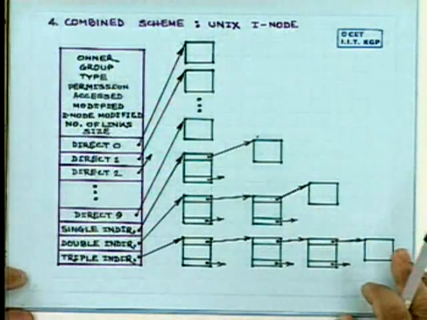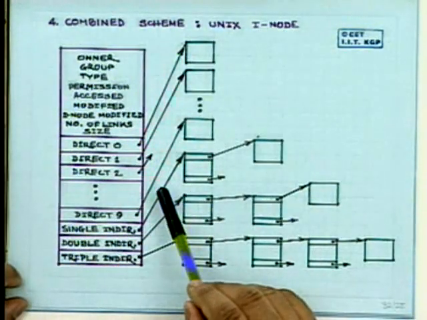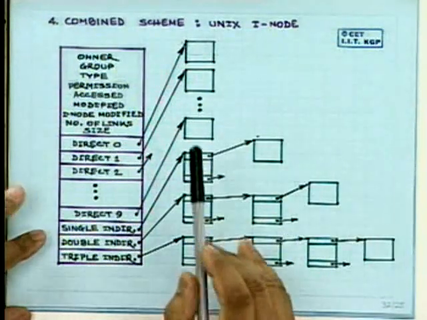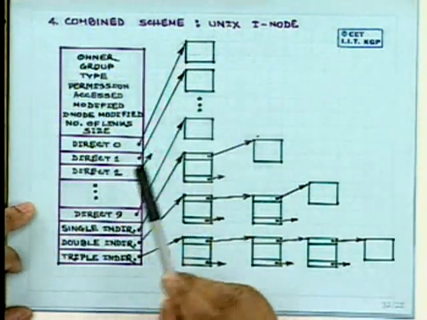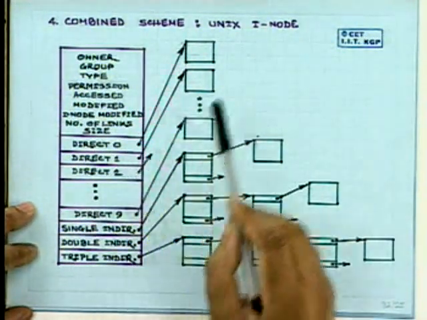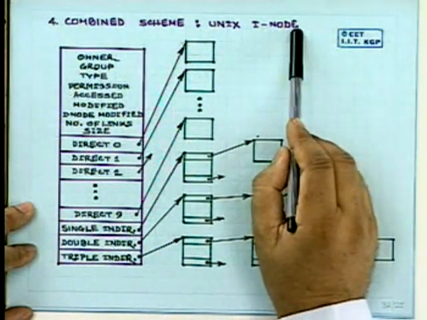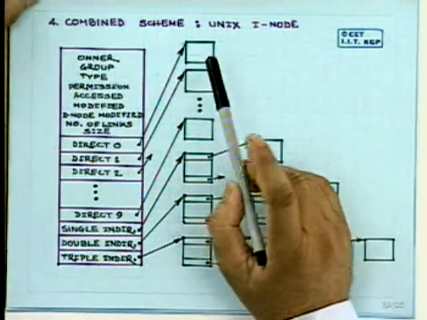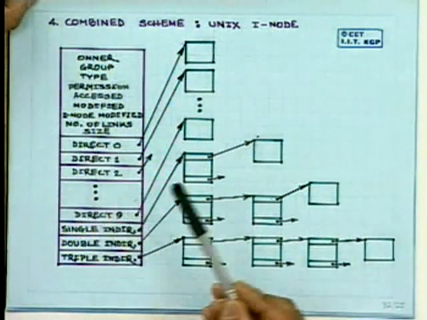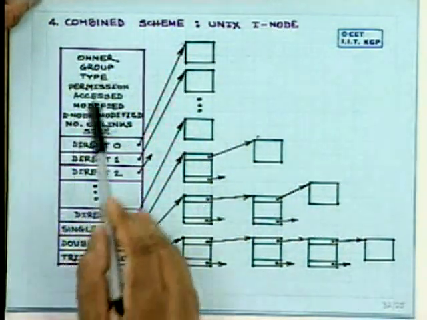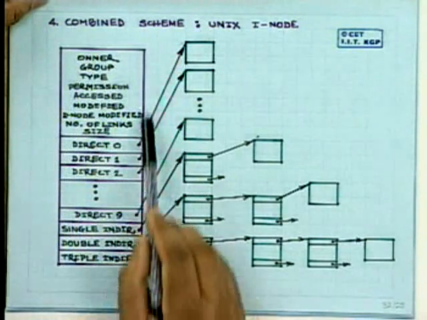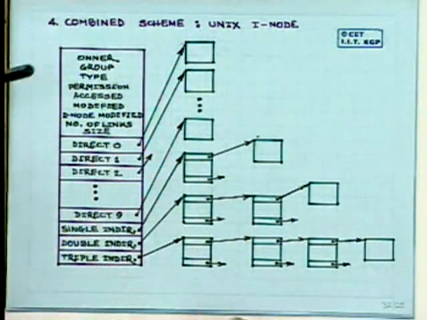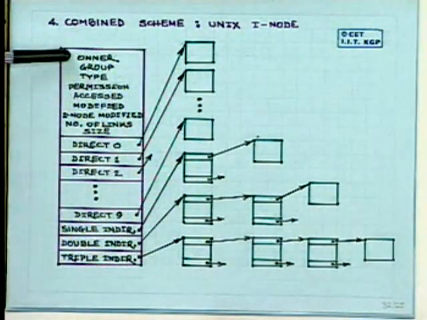Now, let me in short give the basic way that the Unix files are kept. Unix files and Unix directories are kept as inodes, that means index nodes. One index node is either a directory or a file, right? For example, an inode has been shown here in pink.